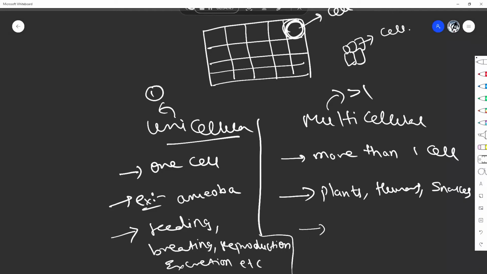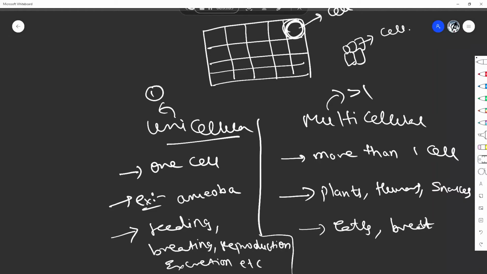It eats like a multicellular organism. It flushes out the waste like multicellular organisms. It reproduces and breathes like multicellular organisms. Everything is like other organisms.